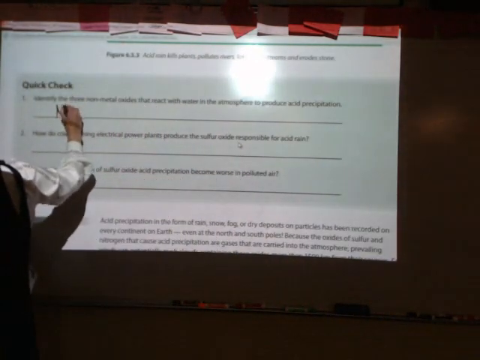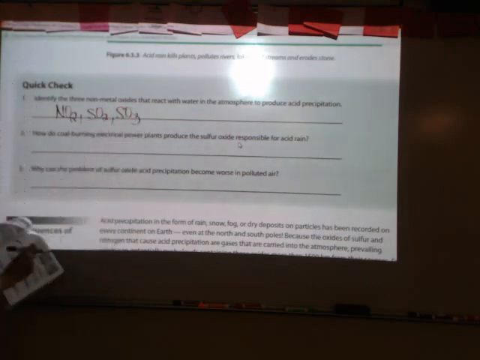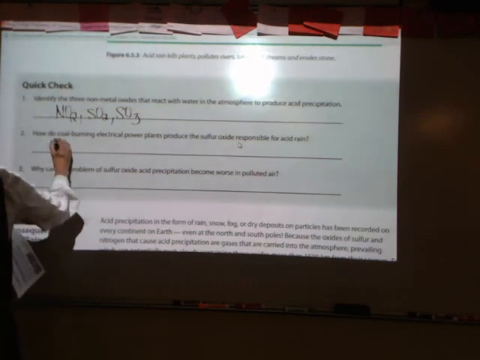Well, this would be NO2, SO2, and SO3. How do coal-burning electrical power plants produce the sulfur oxide responsible for acid rain? When they combust impure coal that contains pyrite, it produces SO2.